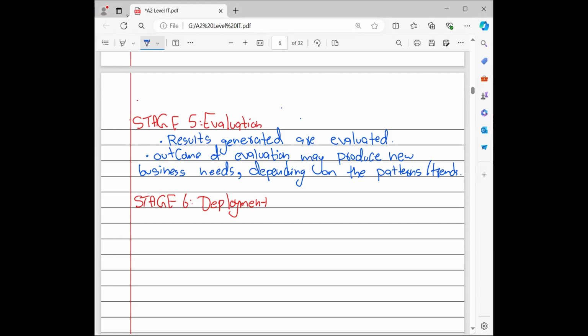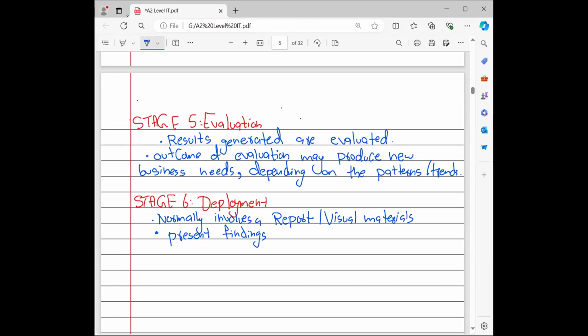The deployment stage normally involves a report or visual materials. This is the place where you need to present your findings to the stakeholders of the business.